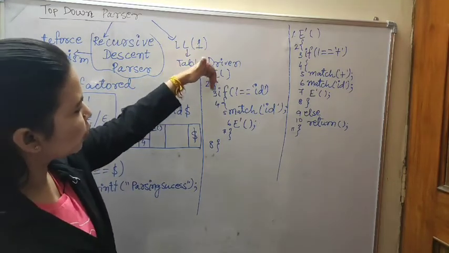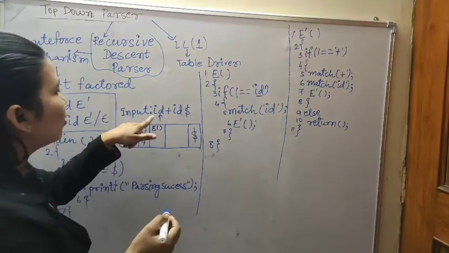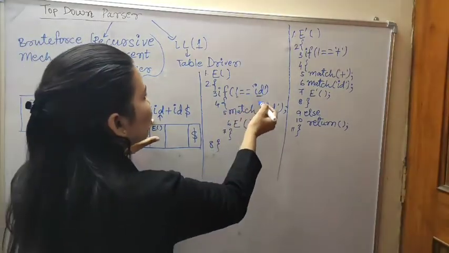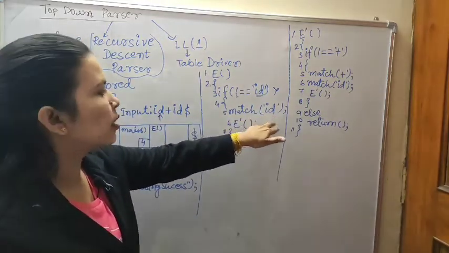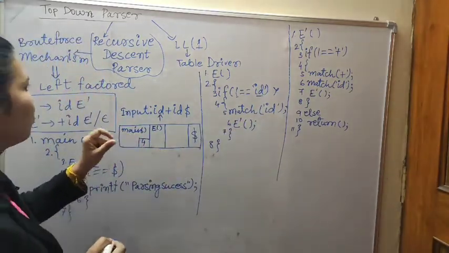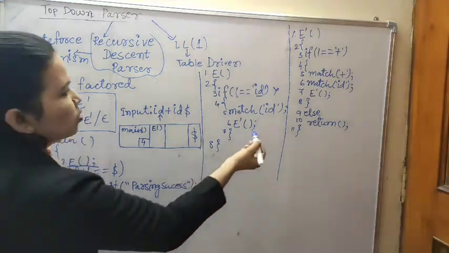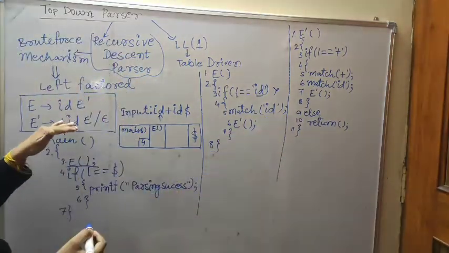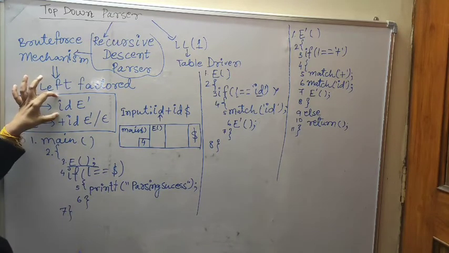Going inside the E function, look here: look ahead equal to id. Our look ahead is id. id equal to id, yes. If yes, then match with id, that means we will print id. Now I am making the parse tree. We match with id; id has been given, going to the E function and matching with id. Yes, it is matched.